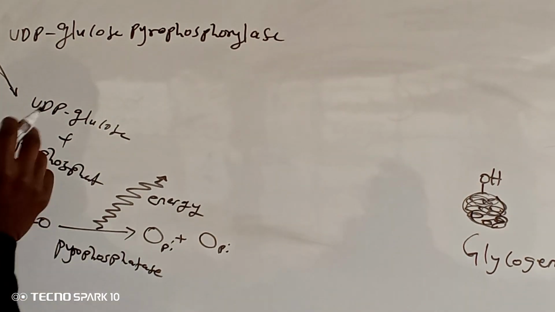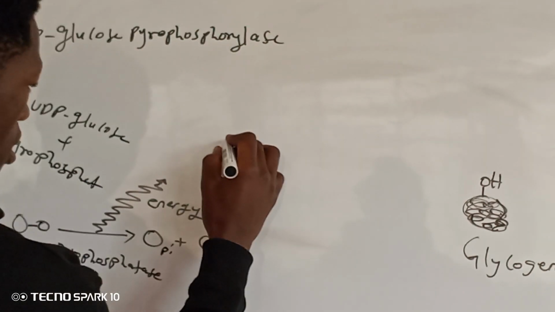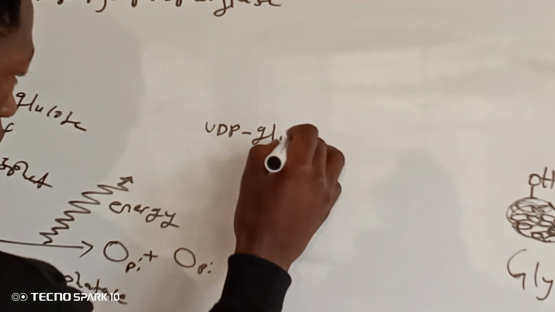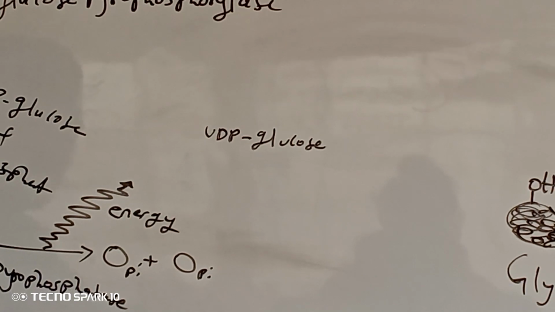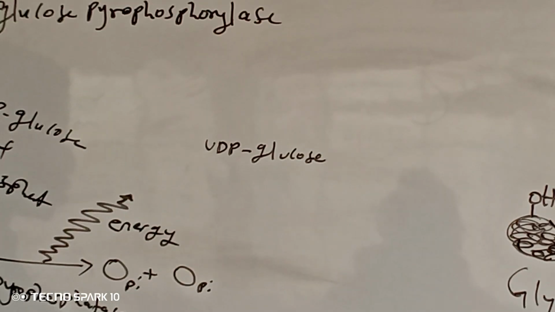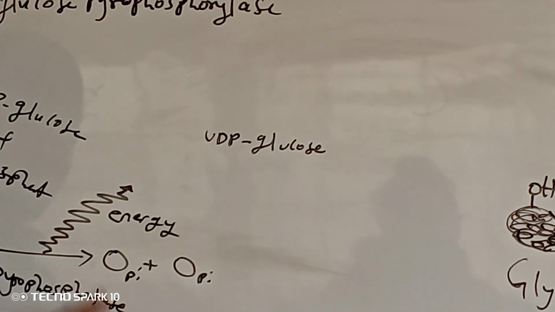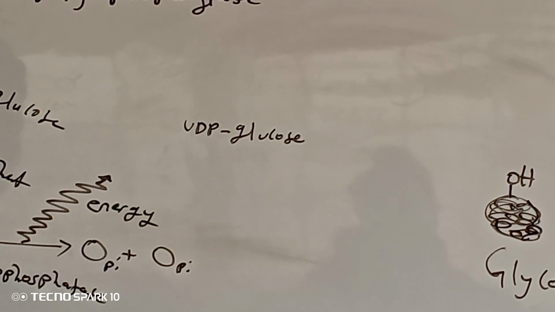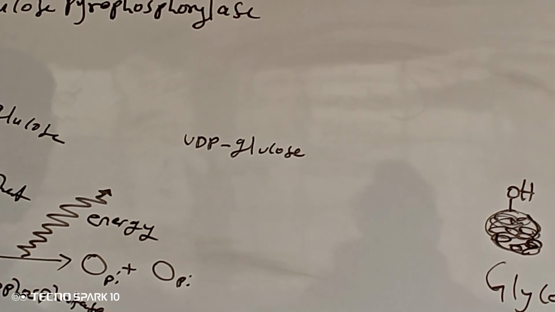Now, let's have our UDP glucose here. So these are UDP glucose. Alright. Now, this UDP glucose, through a process called autoglycosylation, is going to be added onto glycogenin with the help of this energy here, generated from pyrophosphatase breaking down the pyrophosphate into individual inorganic phosphates.